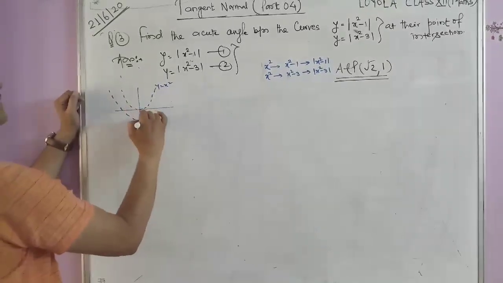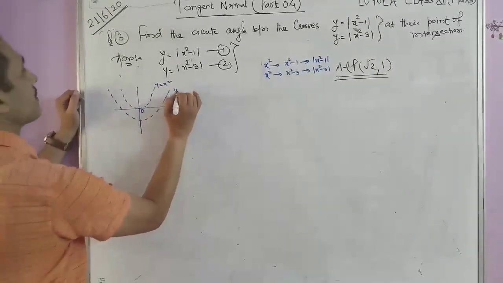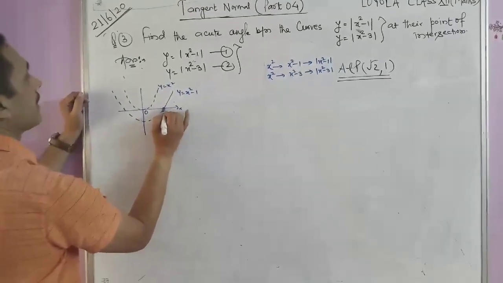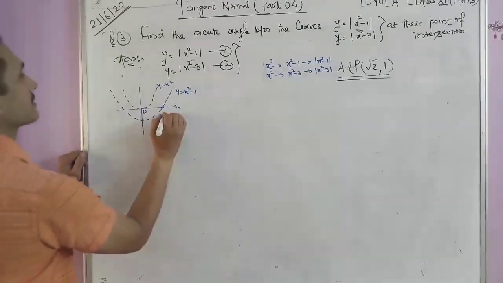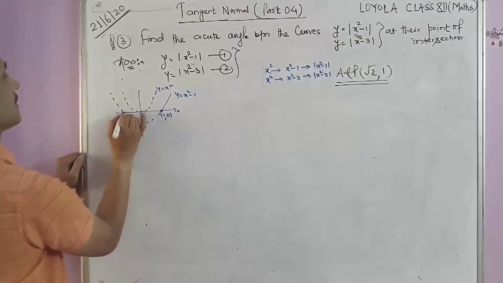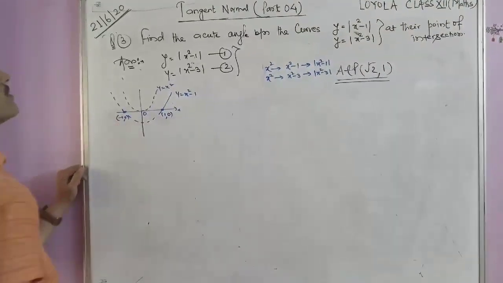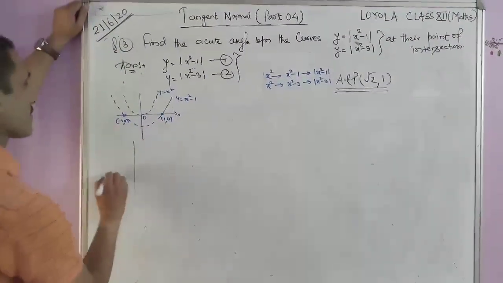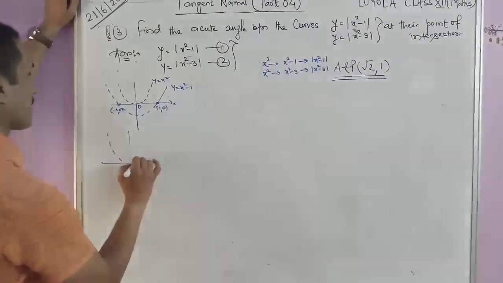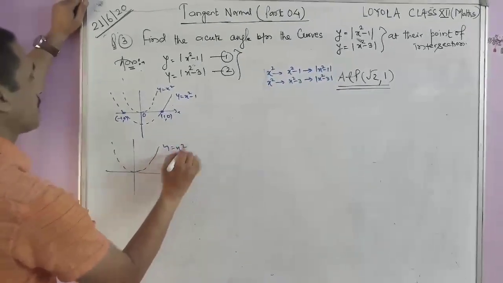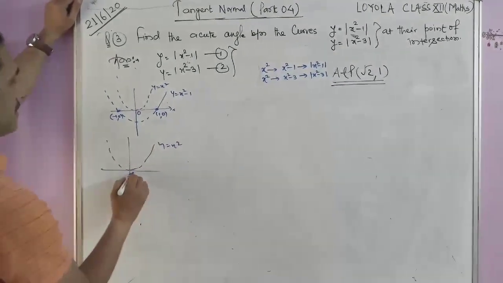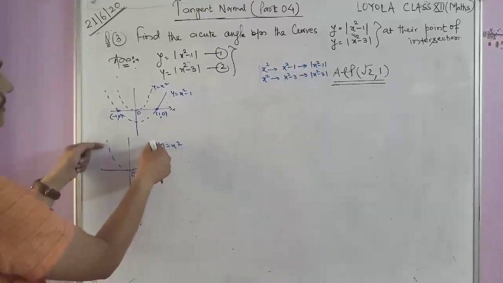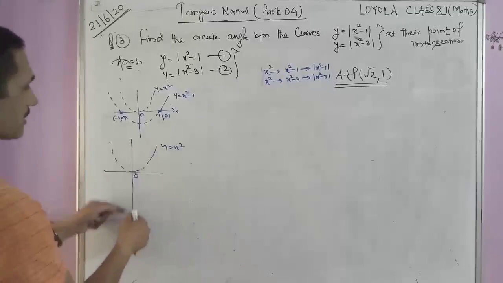Now this is y equal to x² − 1 and crosses the x axis at (1, 0) and (−1, 0). Next, y equal to x², shifting this graph through 3 units vertically downward.